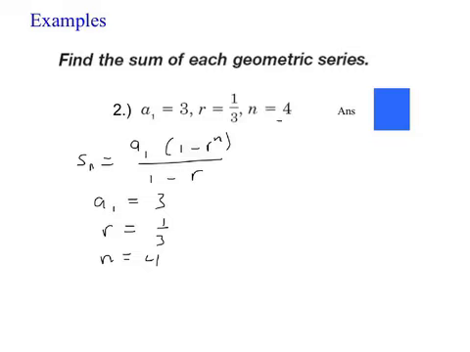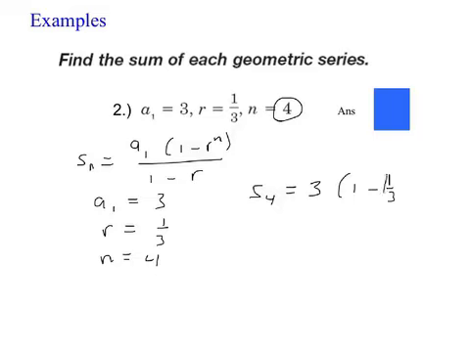So now I'm finding the sum of the first 4 numbers, but I wasn't given the series. We're just given the pieces, parts of the series here. So let's plug that in. S sub 4 is going to be equal to 3 times 1 minus my r, which is 1/3.